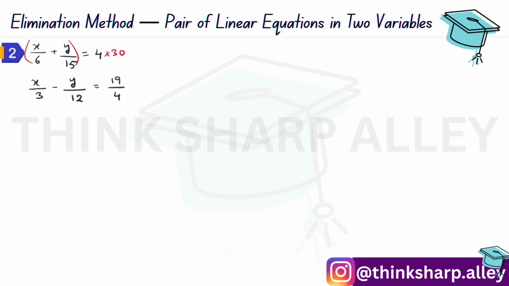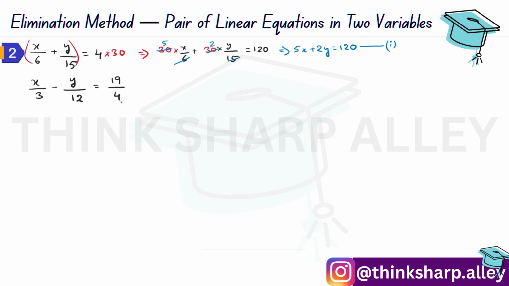And we multiply the entire equation by 30 on both sides. So we will get, and now we can easily cancel. So the entire equation becomes 5x plus 2y equals 120. And this is our equation number 1. Now look at the second equation. Here the denominators are 3, 12 and 4.